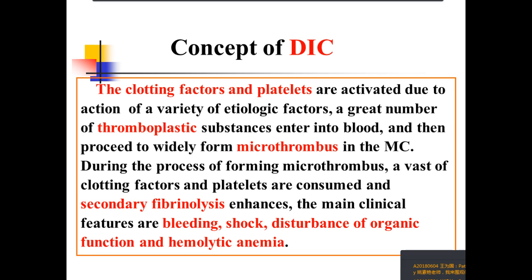So coagulation function begins to decrease. Now the coagulation system is activated. Next what is also activated? Fibrinolytic. So next the fibrinolytic system is activated. What increases? Plasmin increases. Plasmin can hydrolyze fibrin, coagulation factors, thrombin.